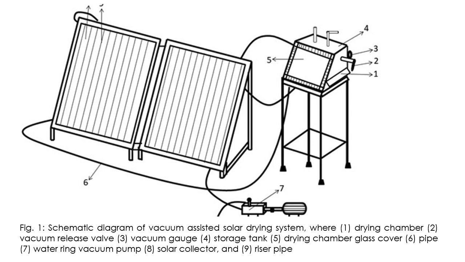From the storage tank, the hot water is circulated through the drying plate. The transparent glass cover provided at the top of the drying chamber allows direct solar radiation into the drying chamber. In this drying system, the necessary vacuum level was maintained using the vacuum release valve.